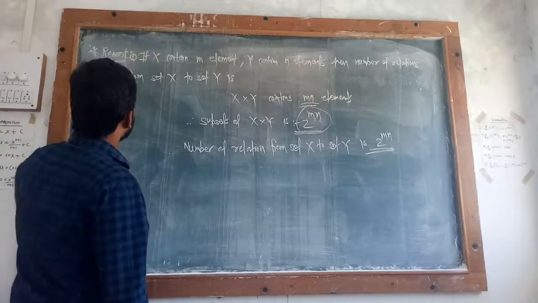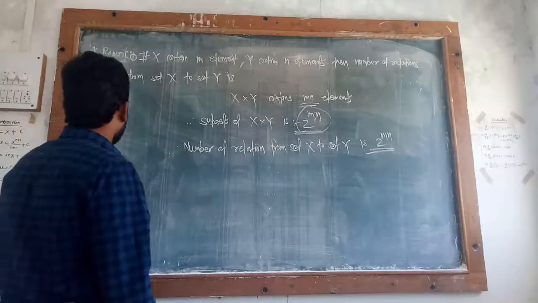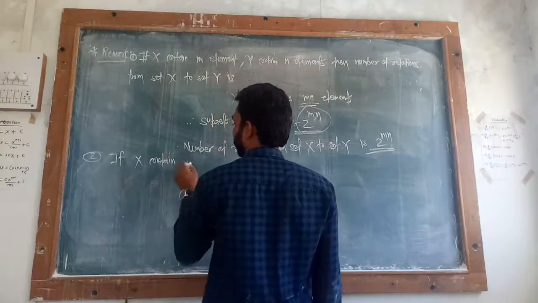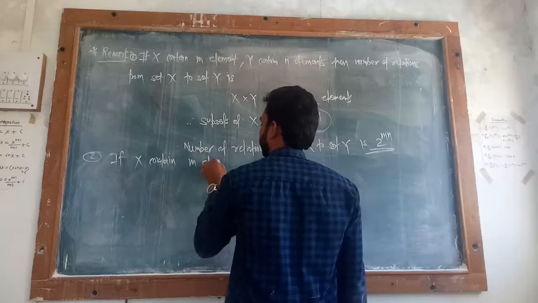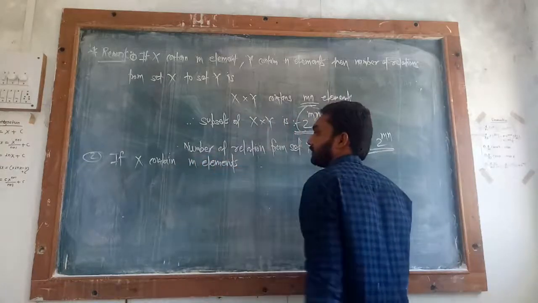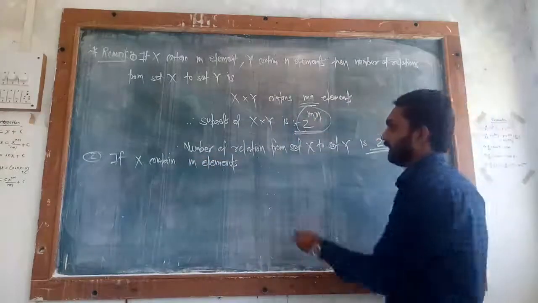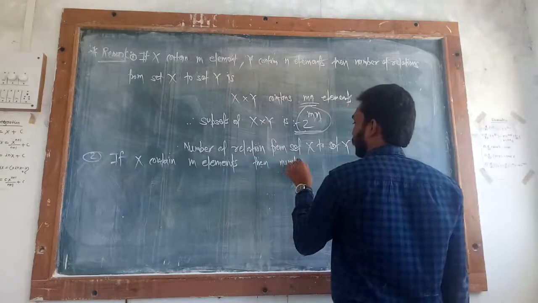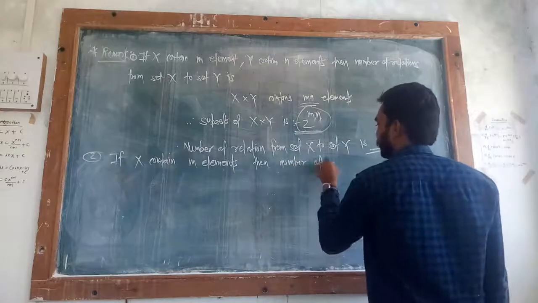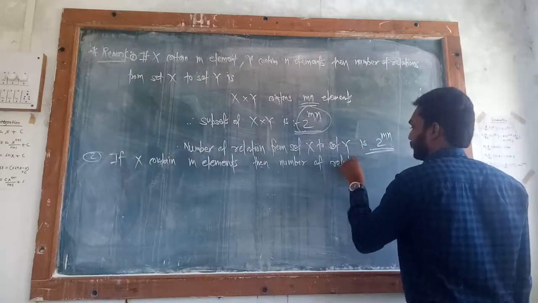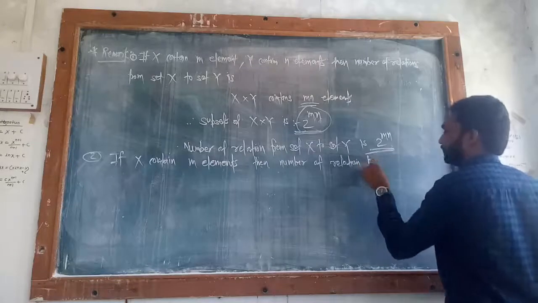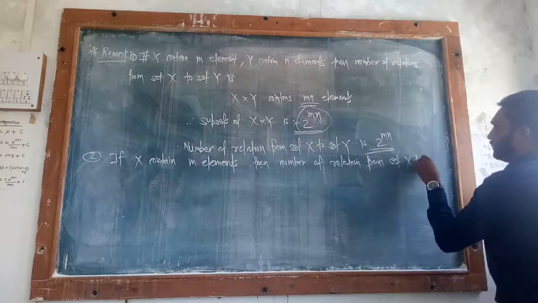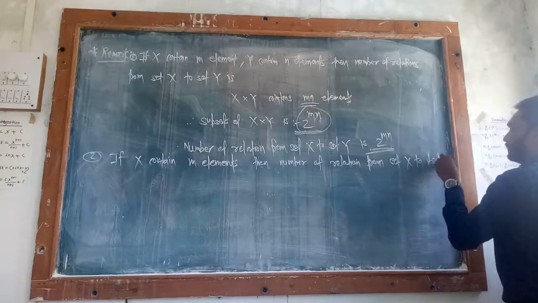This is your first lemma. We have to write down the second lemma. If X contains m elements, then the number of relations from set X to itself.